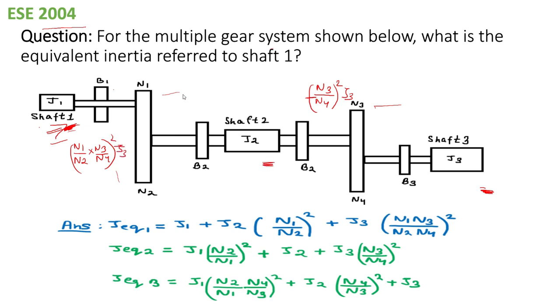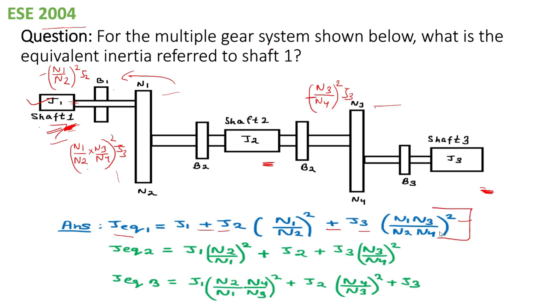J2 when referred to this will become (n1/n2)² J2, and J1 will remain like this. Therefore, equivalent inertia referred to shaft 1 is equal to J1 plus J2 (n1/n2)² plus J3 (n1/n2 × n3/n4)². So this is your answer.